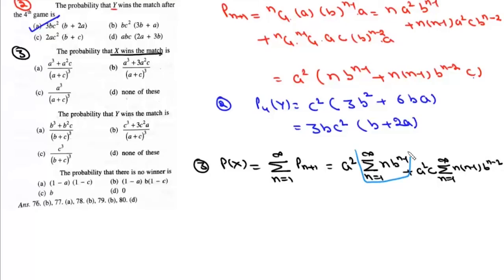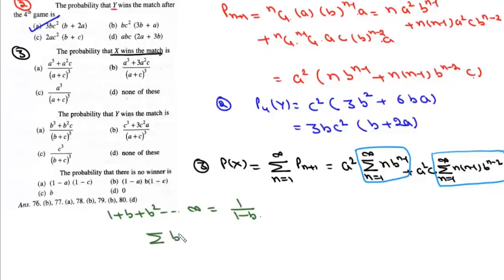Now, if we look at the series 1 plus b plus b square up to infinity, we know that this is 1 upon 1 minus b, or we can write this as the summation of b to the power n, where n varies from 0 to infinity, equal to 1 upon 1 minus b.